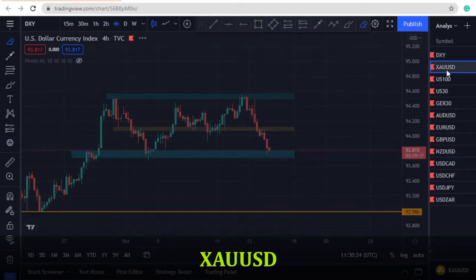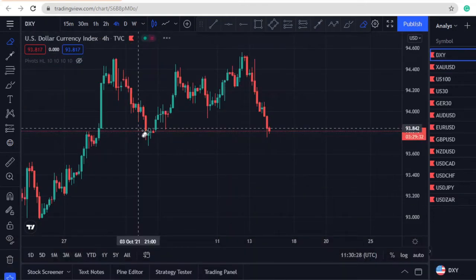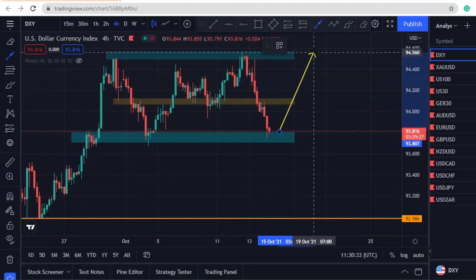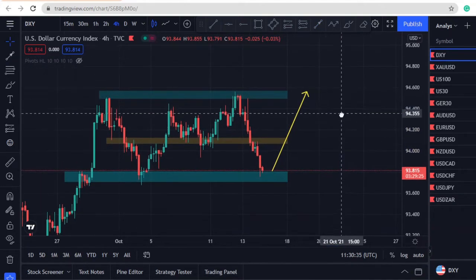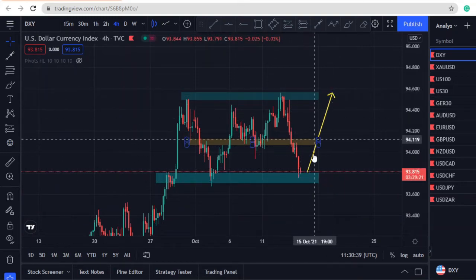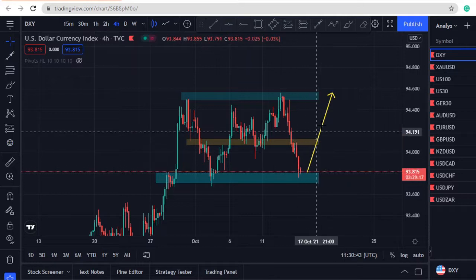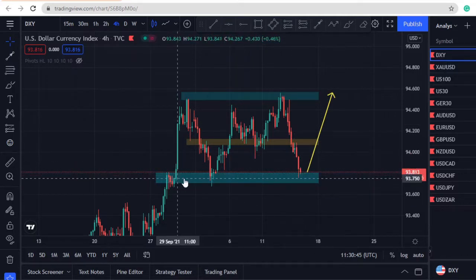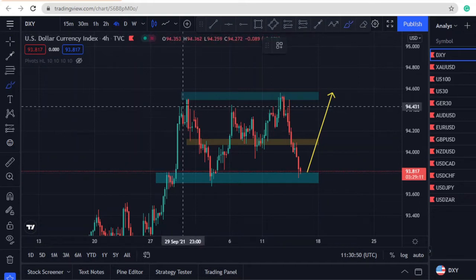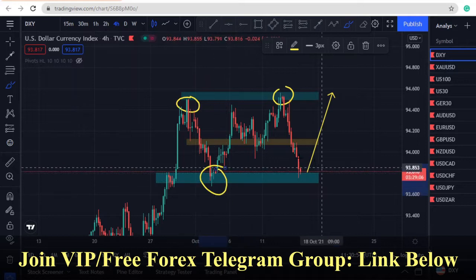So let's look at gold in the first place. From here now, my prediction and the possibility that I'm looking at is for the dollar to become strong and respect this zone and start buying. So this is technical analysis. I'm expecting this: if the dollar index respects this double bottom here, so you can see that it respected the double top, I'm expecting it to respect the double bottom.